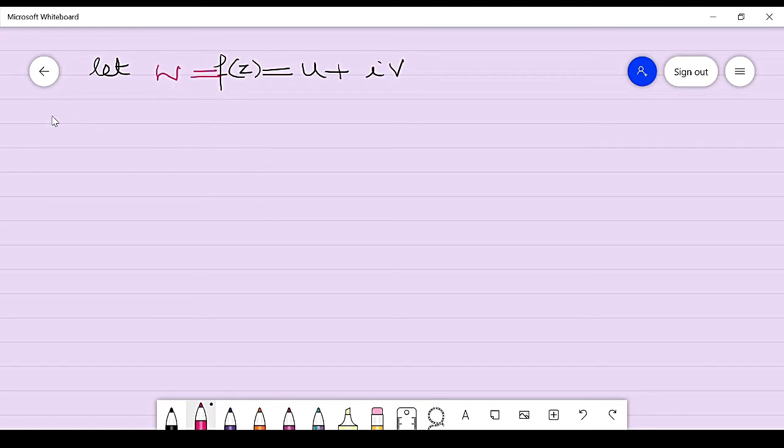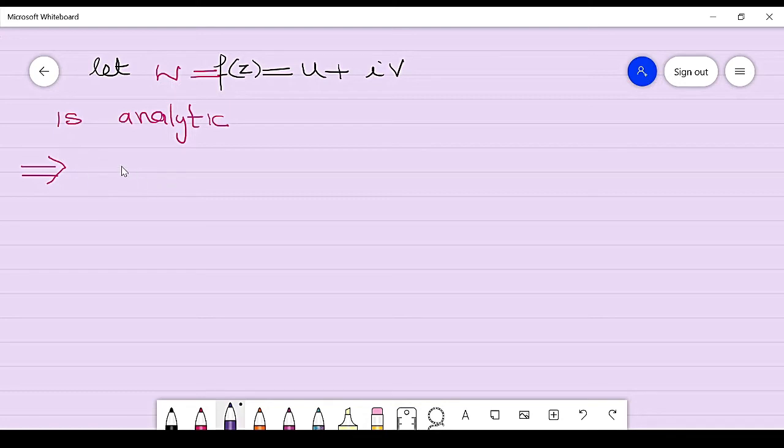Now this function is, by the given part, analytic. F(z) is analytic. Then by the definition of analytic, we prove the result step by step. So remember, step by step.